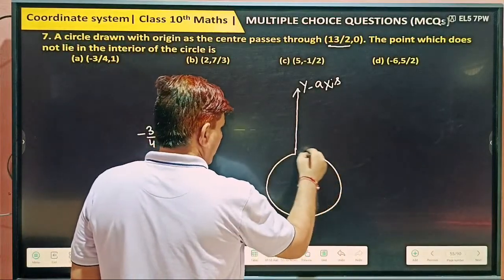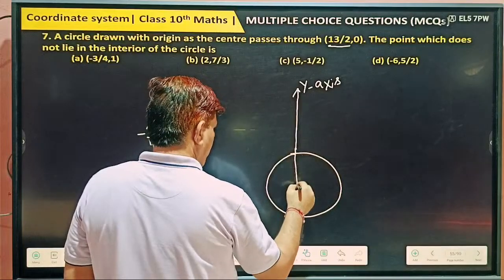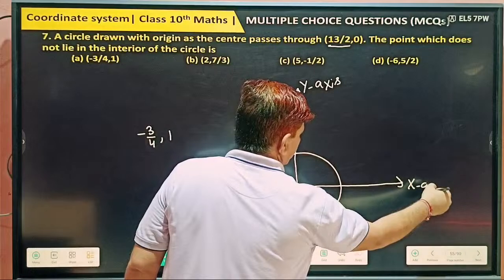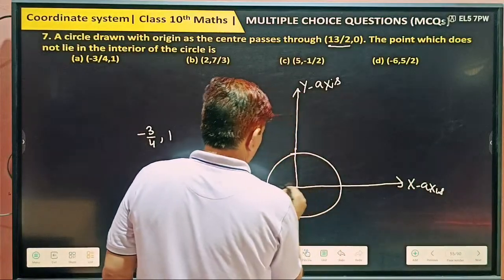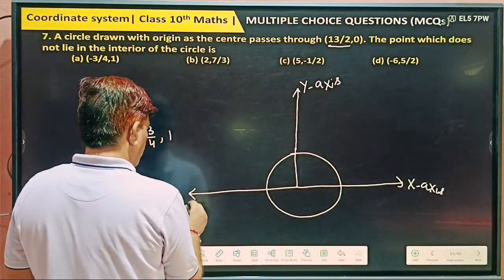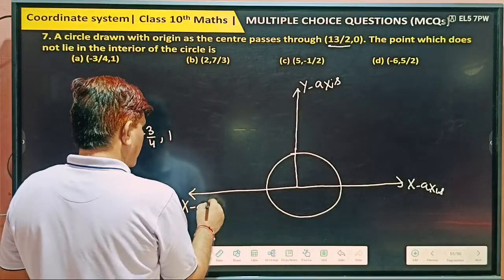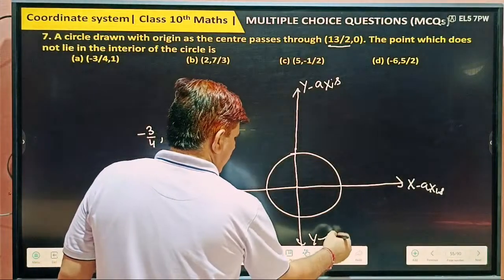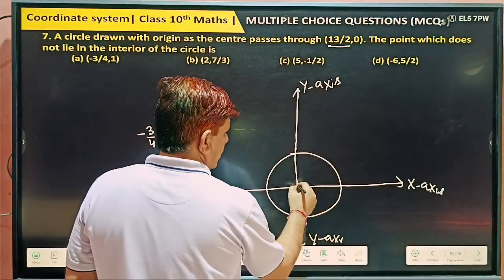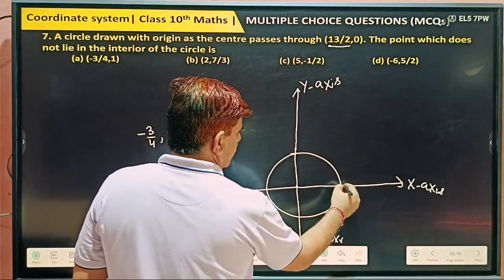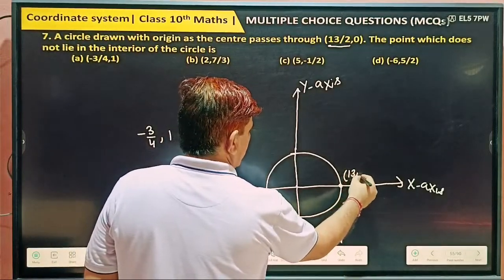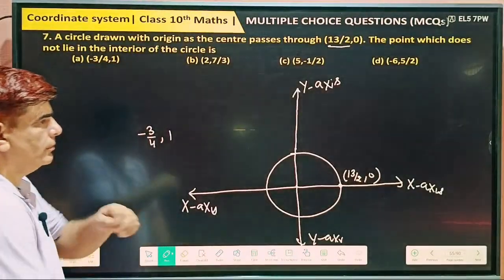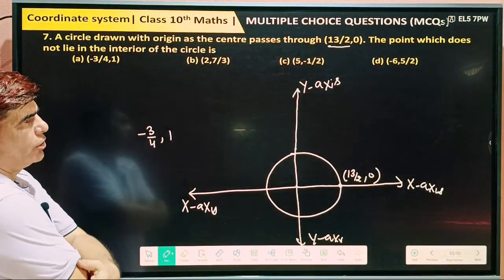This is the circle. And here, this is the x-axis. This is the negative part of the x-axis. This is the negative part of the y-axis, and this is the origin. And this point whose coordinates are 13/2 and 0. Understood?